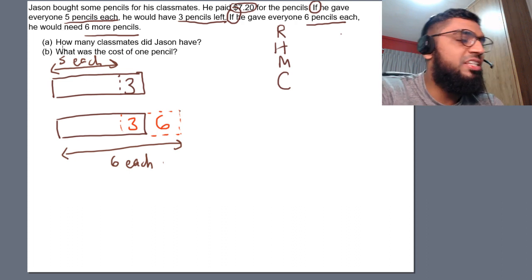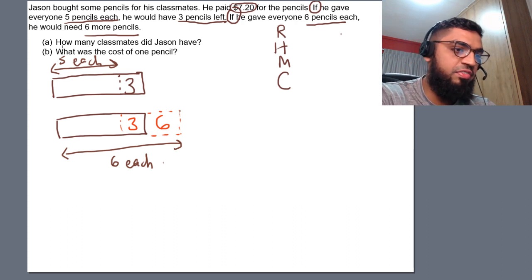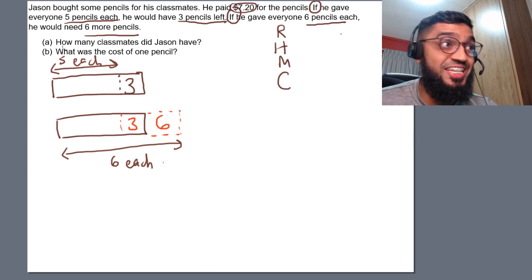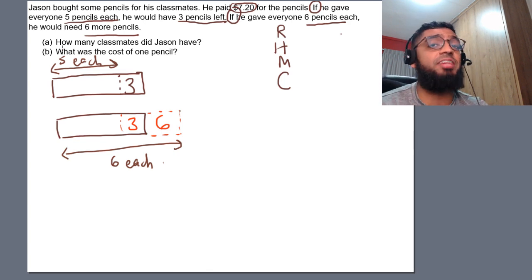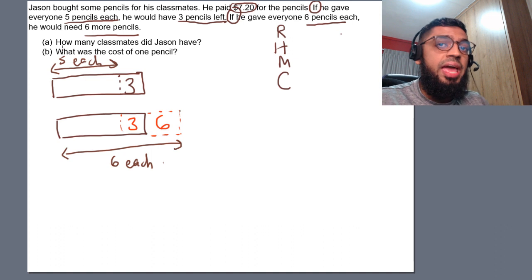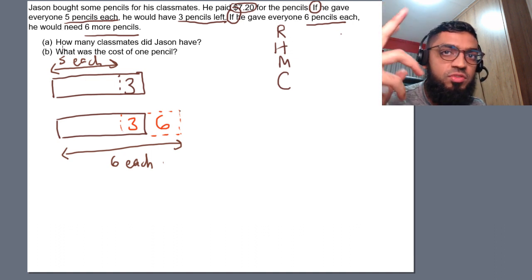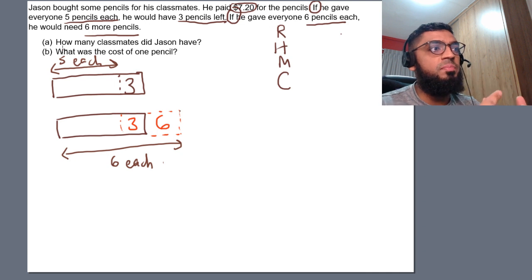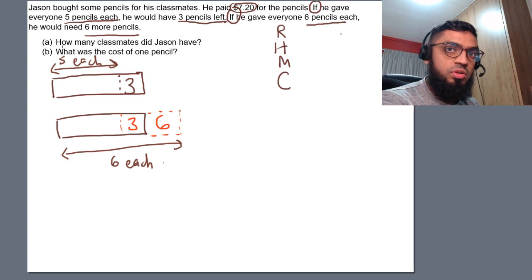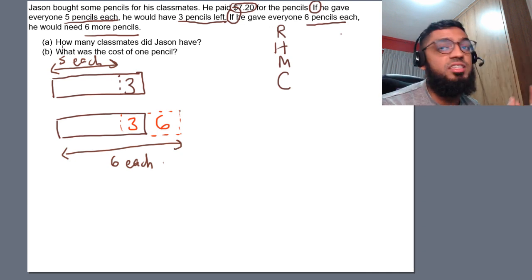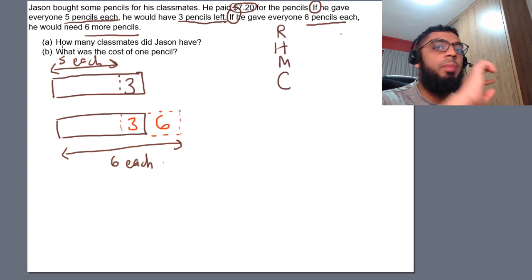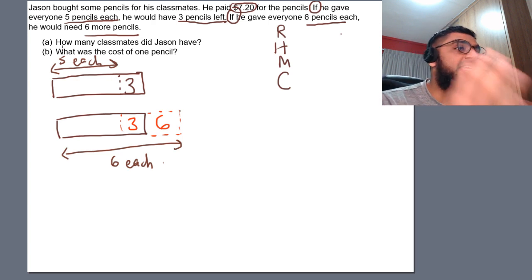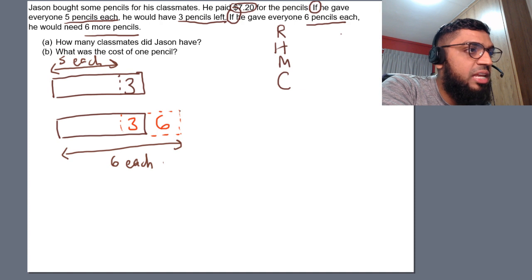At the start, when he gives 5 pencils to each of his friends, he'll be left with 3 extra pencils. If he wants to increase that 5 to 6, just 1 more pencil each, he needs a total of 9 more pencils.